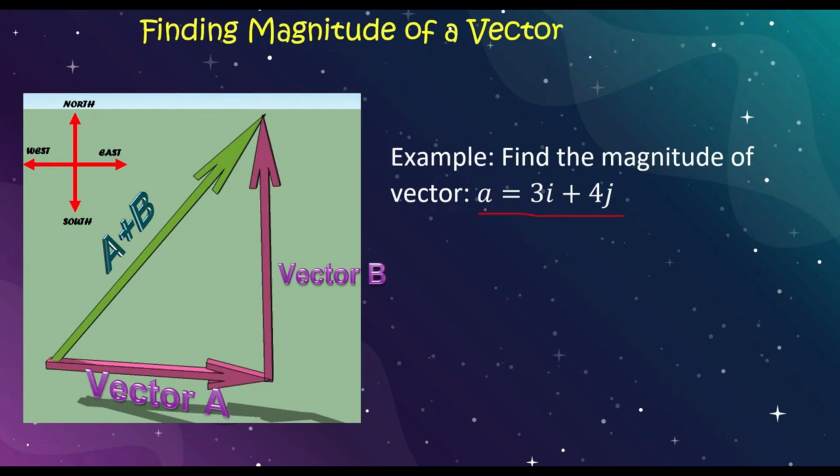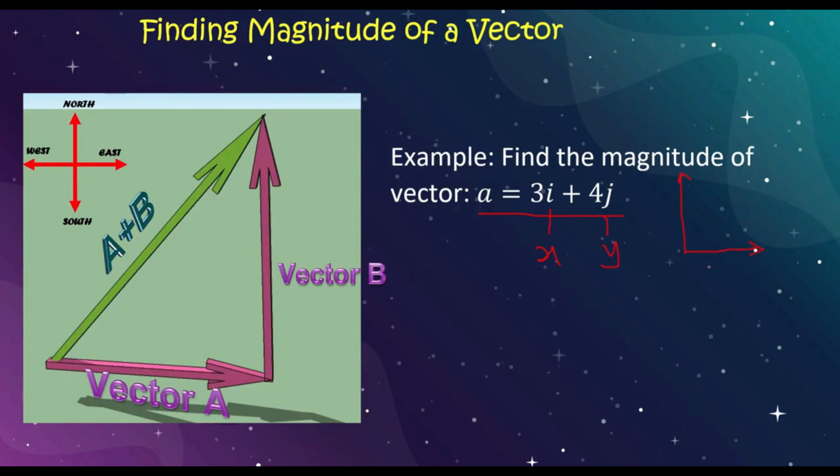That means this vector A is going in two directions, i and j. i is nothing but x direction and j is nothing but y direction. That means it is moving in x and y direction. So A is moving in x direction 3 places, say this is 3, and moving in y direction with 4 places, say this is 4.